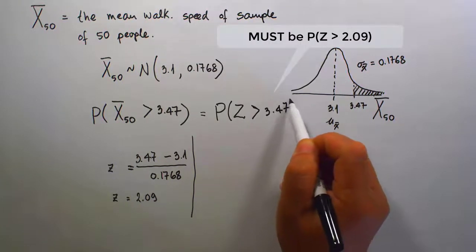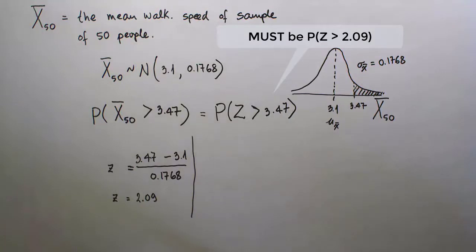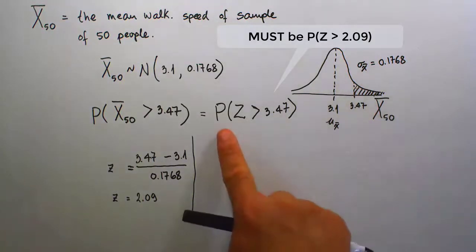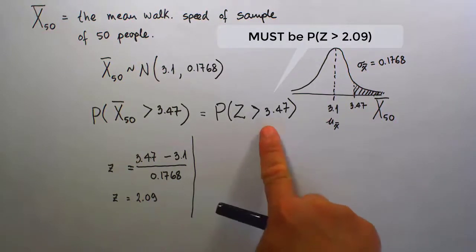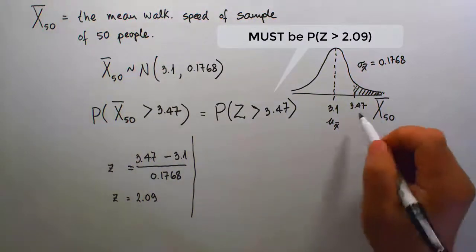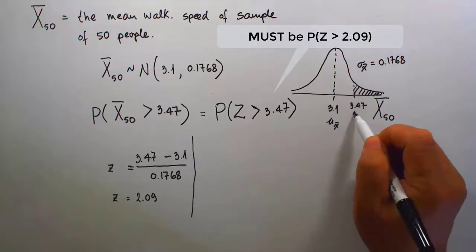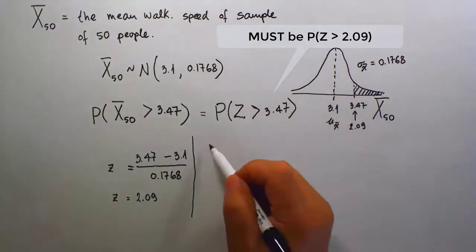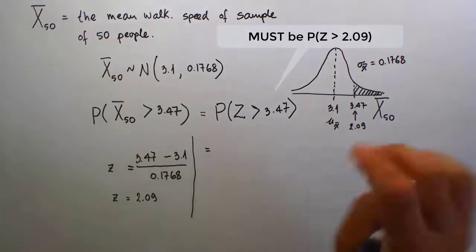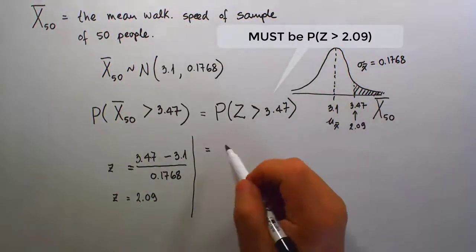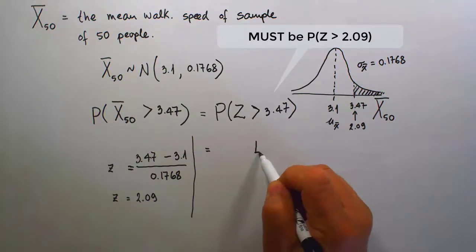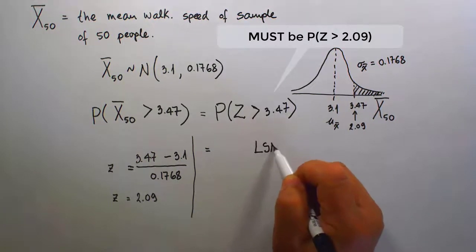I'm just giving another reminder of how we operate with any general normal distribution. Now, obtaining the area to the right-hand side: this value 3.47 has a z-score of 2.09 equivalent on the standard normal distribution. And so to find the area to the right-hand side, what I would do now is run the LSND program.